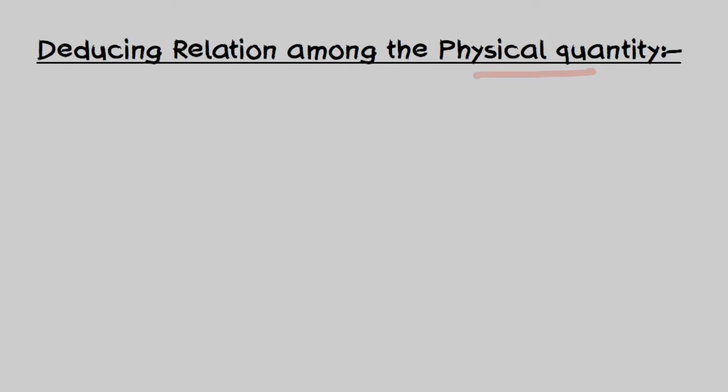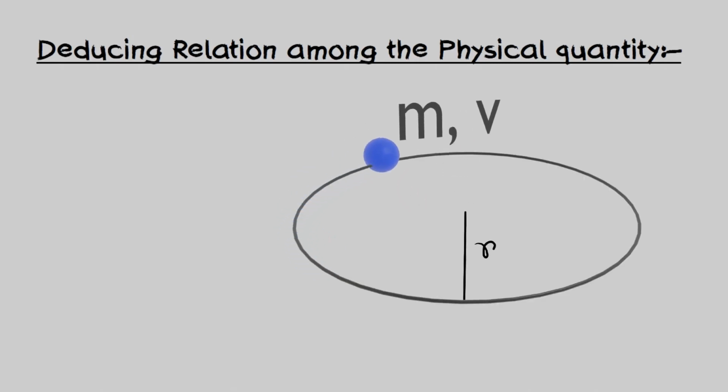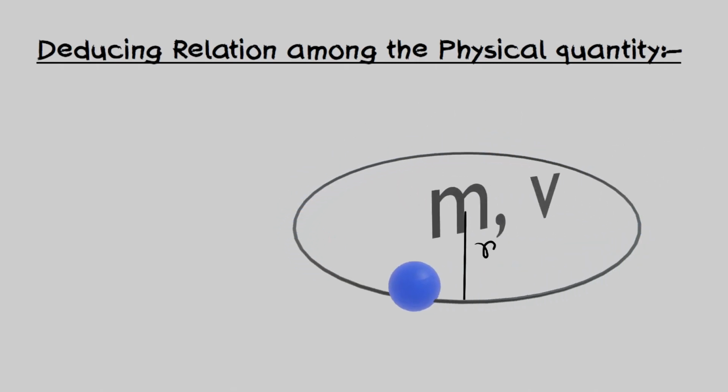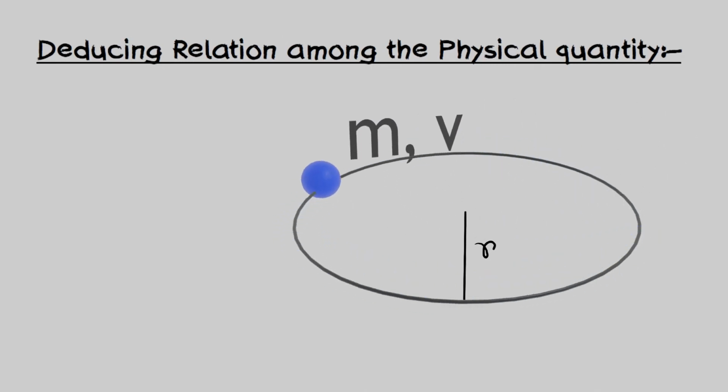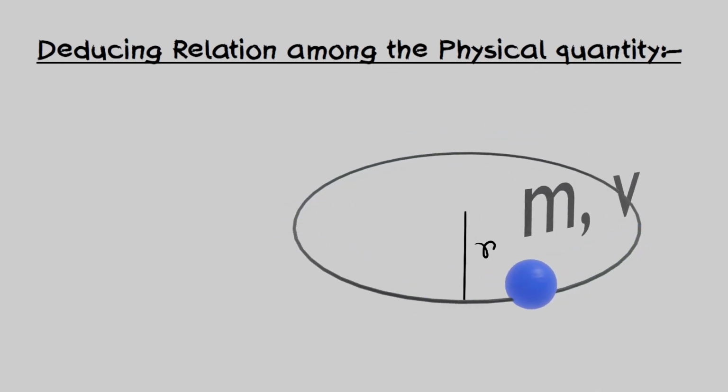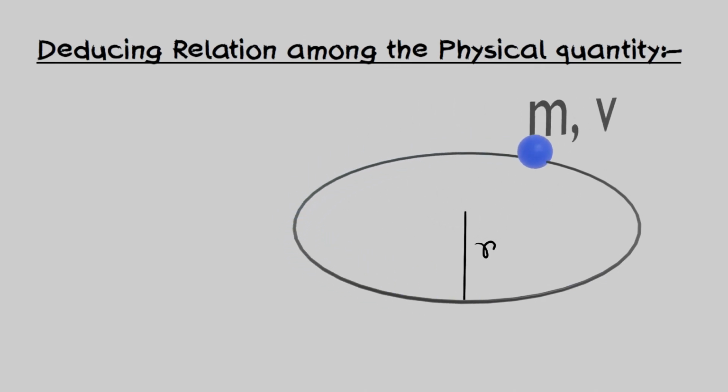Deducing the relation among the physical quantities. If we know the quantities on which a particular physical quantity depends, then we can find the formula which shows the relation among those physical quantities. Suppose we want to derive the expression for the centripetal force F acting on a particle moving uniformly in a circle, which may depend on mass m, velocity v and radius of the circle r.